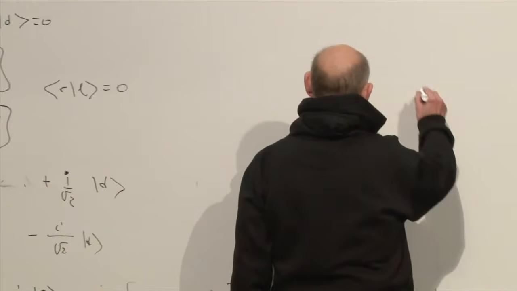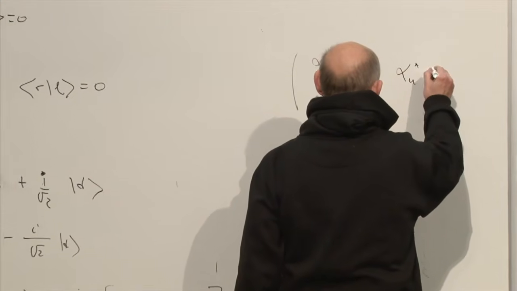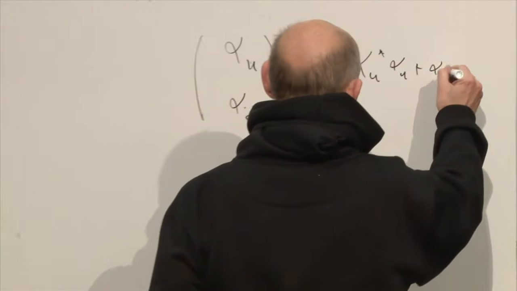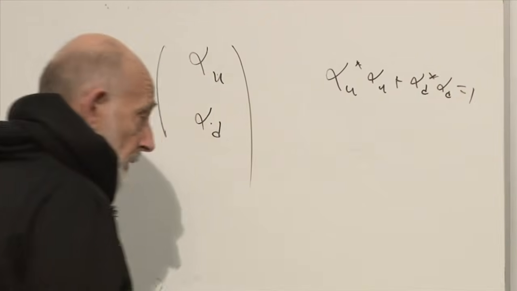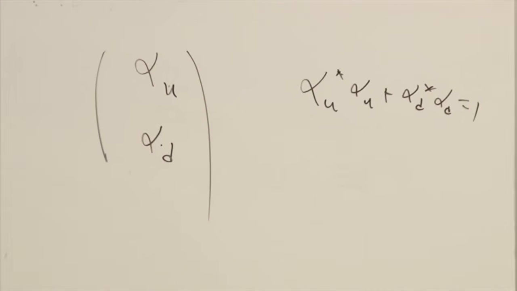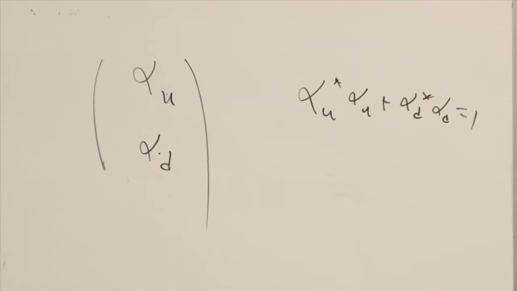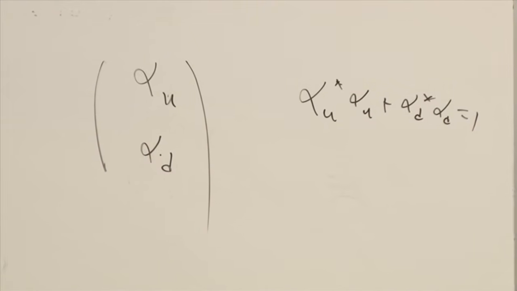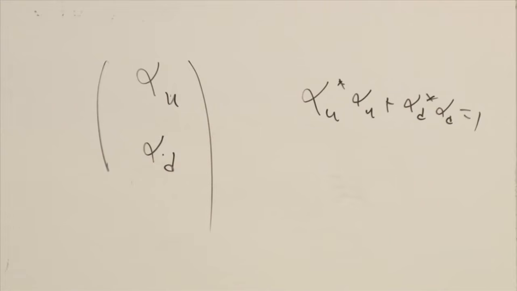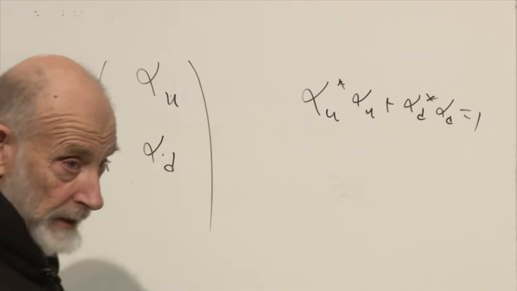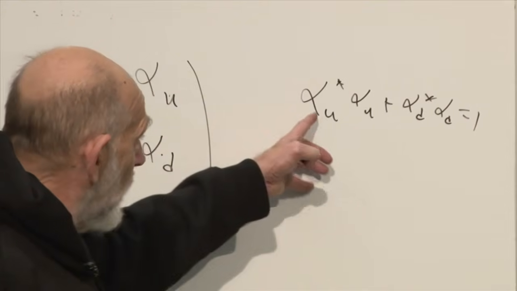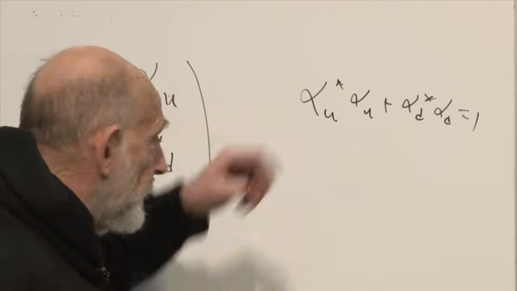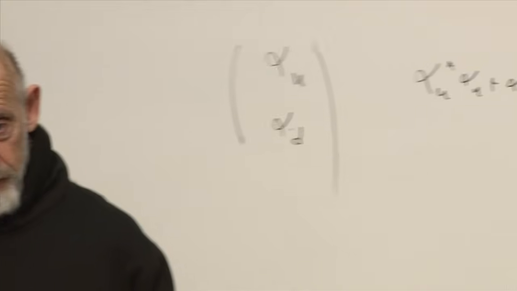So that's one constraint right there, that alpha up star alpha up plus alpha down star alpha down is equal to 1. There's another fact that we have not got to yet, but we will find that every physically observable quantity always associated with a state always involves an alpha times a complex conjugate alpha.